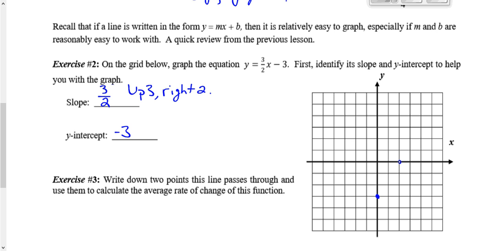And then you can draw your line, right? Kind of accurate here, yes. Were you confused, Anna? What'd you say? Everything.